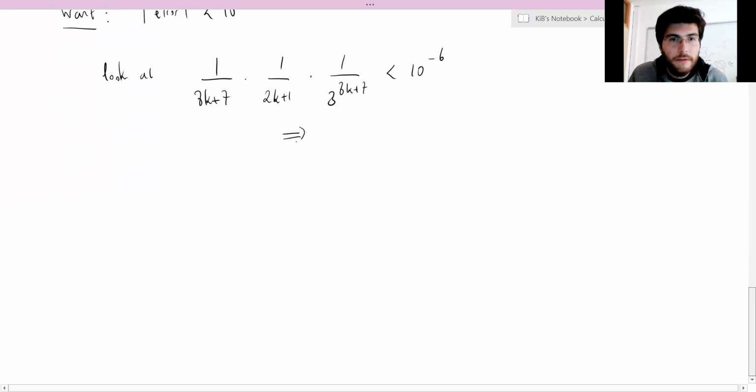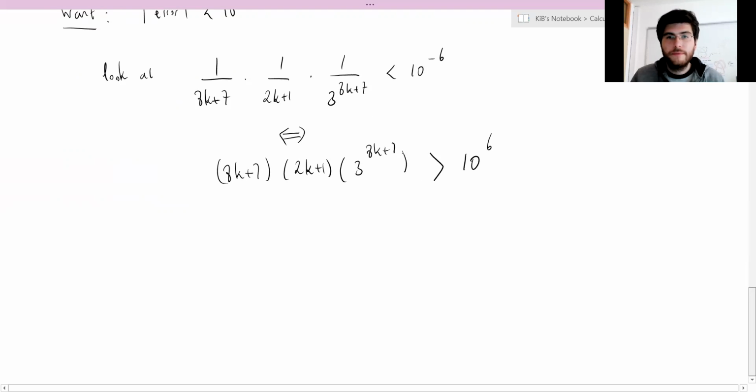And this is the case if and only if, let me collect the terms, this times 2k plus 1, 3 to the 8k plus 7 should be greater than 10 to the 6. And of course, it's a huge number, but if you look carefully, it's enough to take k to be 1.